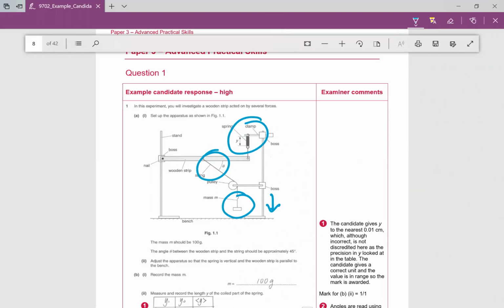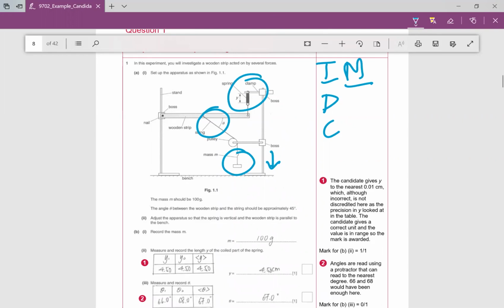Whenever you're looking at any practical question, always know from the beginning the independent, dependent and control variables. For this experiment, the independent variable is the mass, and the dependent variables are the angle theta and the length y.